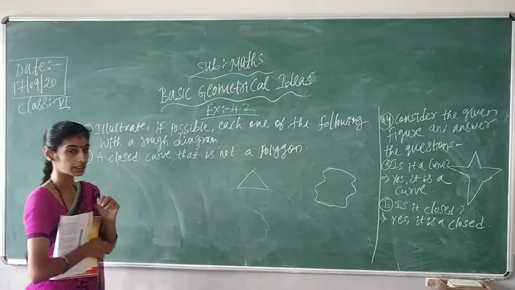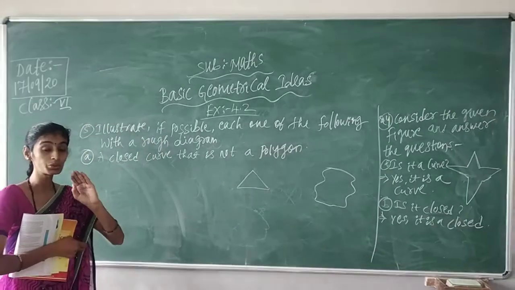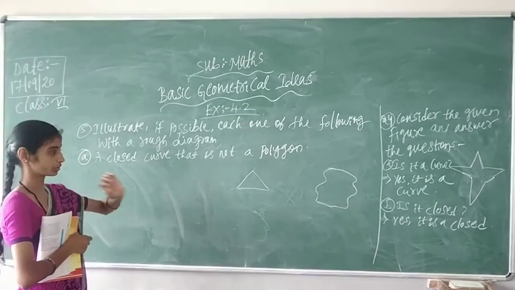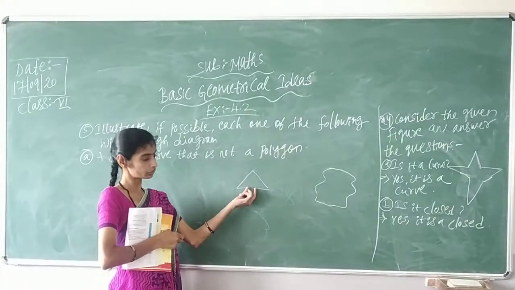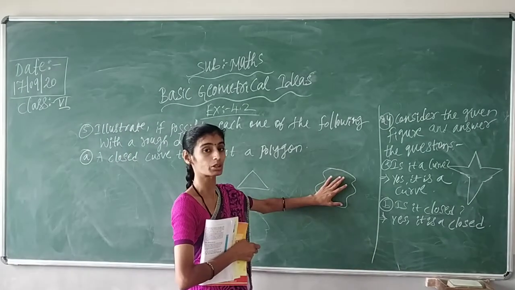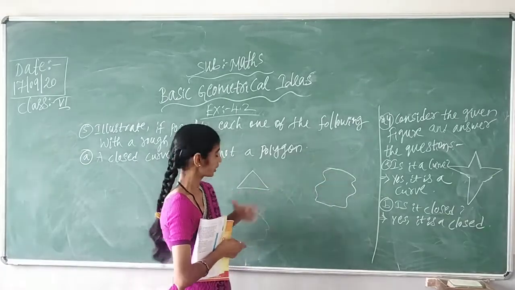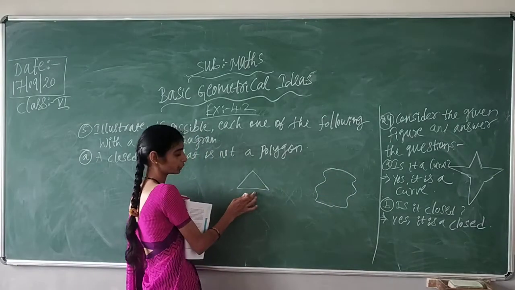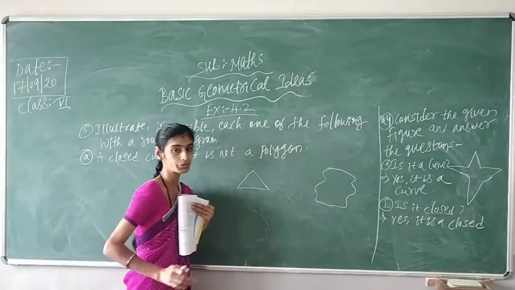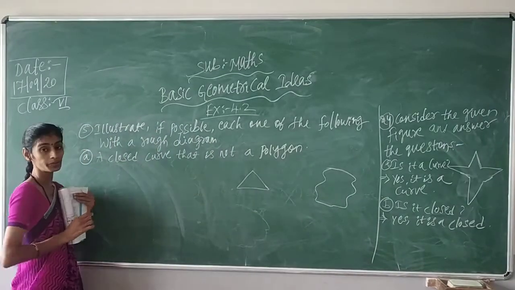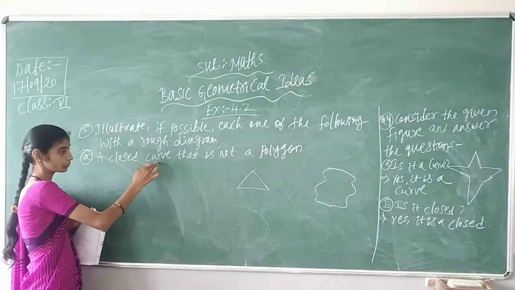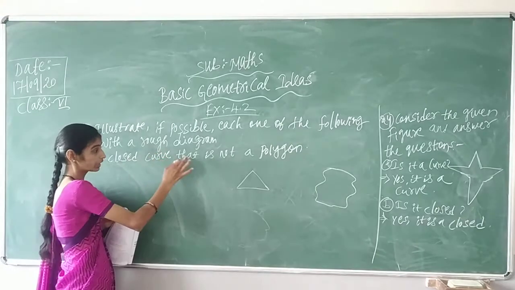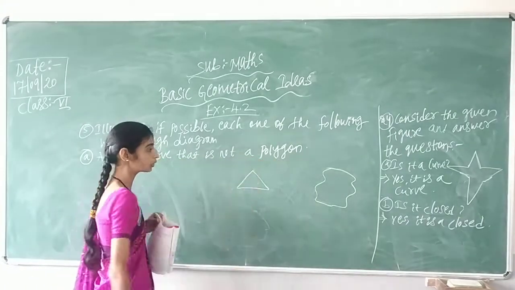So now read the question properly. You need to draw a closed figure. So we say this is also a closed figure, and this is also a closed figure. What is the difference, children? Which one should I draw here? Read the question: a closed curve that is not a polygon.